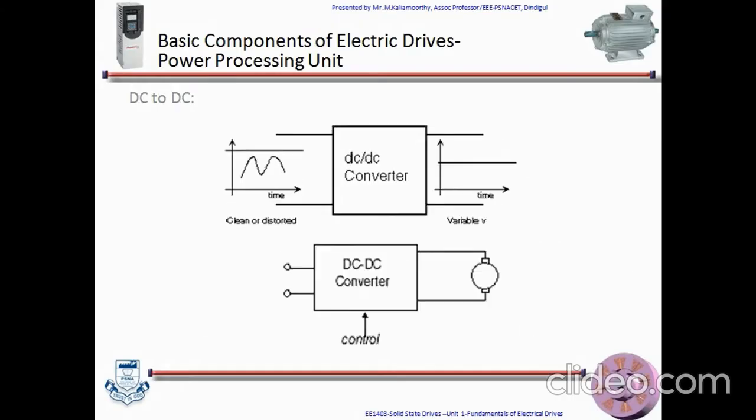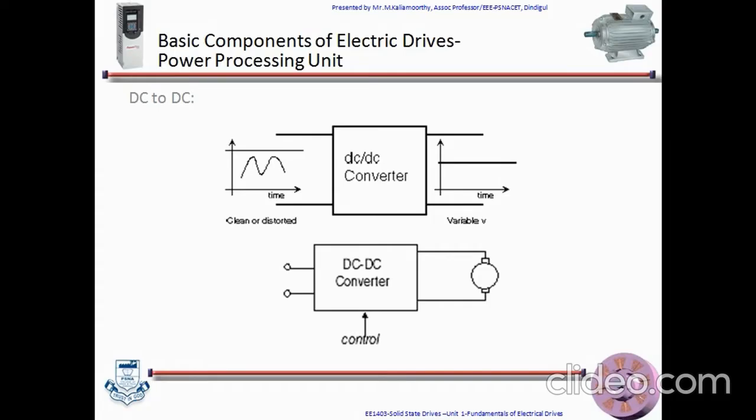The next subunit of a power processing unit is a DC to DC converter. The DC to DC converter is generally used when the input supply available at the site or in the environment is a DC supply and the motor which is used to control the load is a DC motor. So generally the speed of a DC motor can be controlled by varying the applied armature voltage.